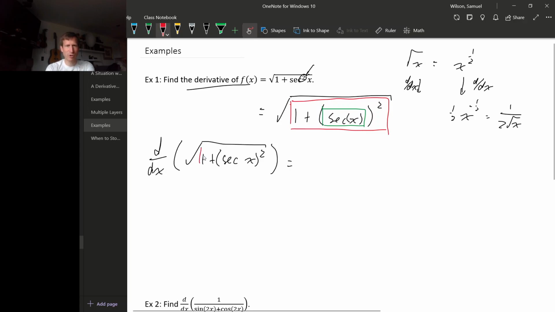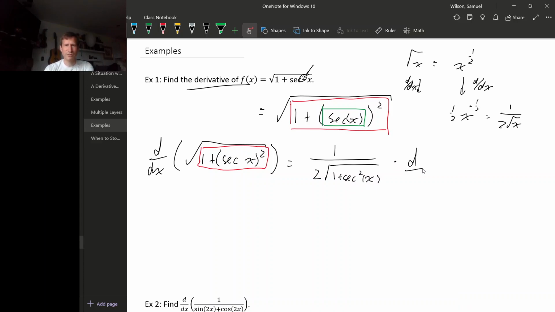Okay, so to use the chain rule, we're going to differentiate the outside part. That's the square root, so 1 over 2 times square root, and then put the inside into this, so 1 plus secant squared x. Now we need to multiply by the derivative of the inside, which is 1 plus secant squared, let me write this as secant x all squared, like this.